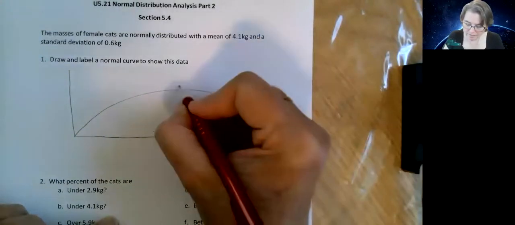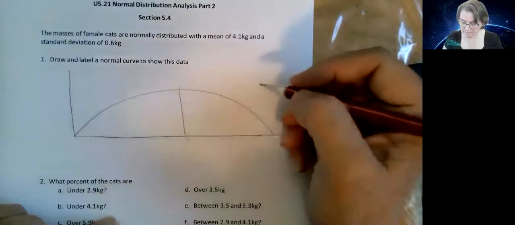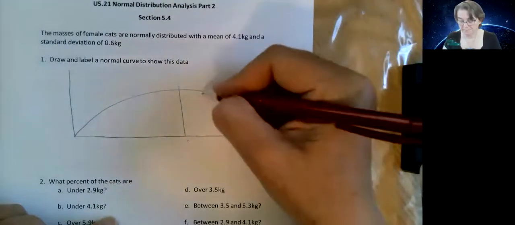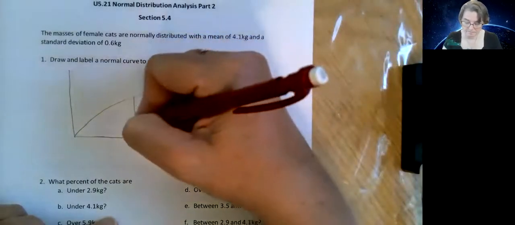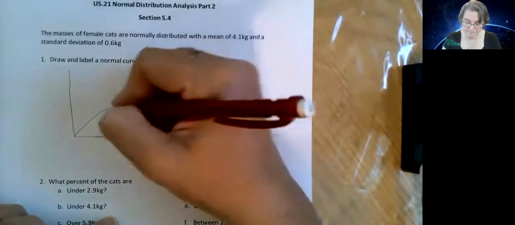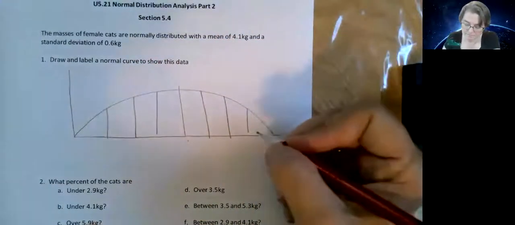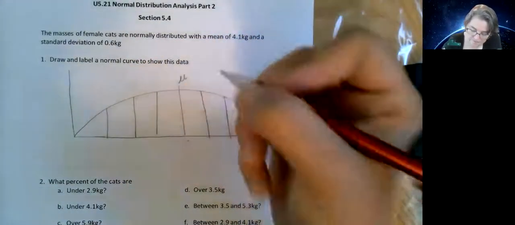My graph, and divide it out. This is my mu.